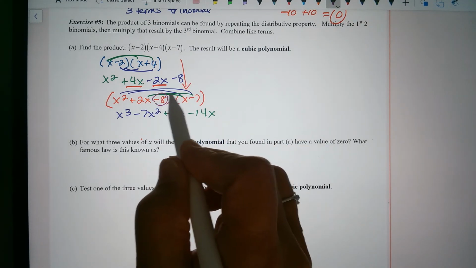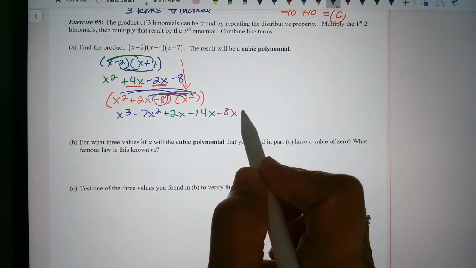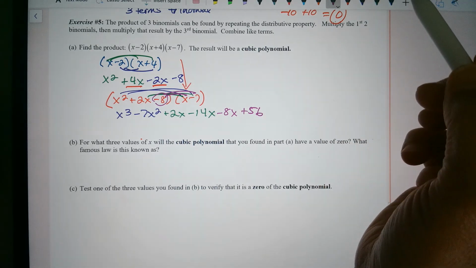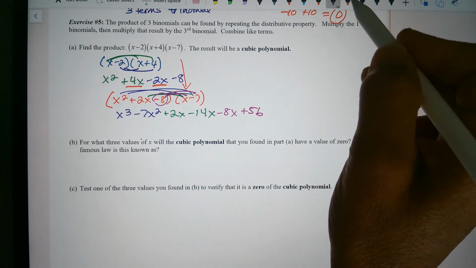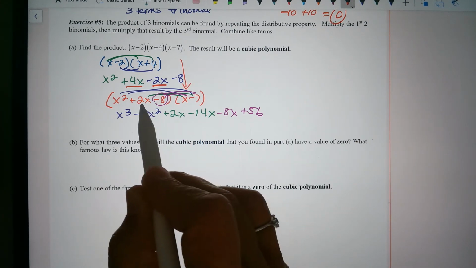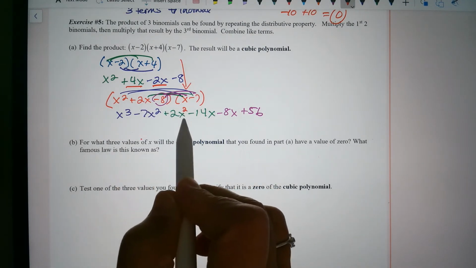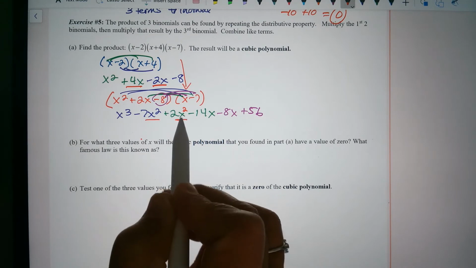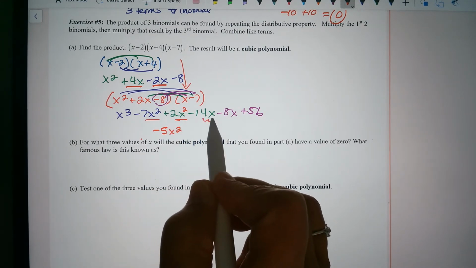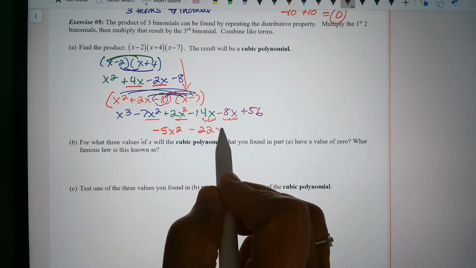Negative 8 times x is negative 8x, and negative 8 times negative 7 is positive 56. And combine like terms. Excuse me, this here should have been the 2x squared. 2x times x is 2x squared. Okay, so combining these like terms, we get a negative 5x squared. And our x terms here are like terms, that's negative 22x.